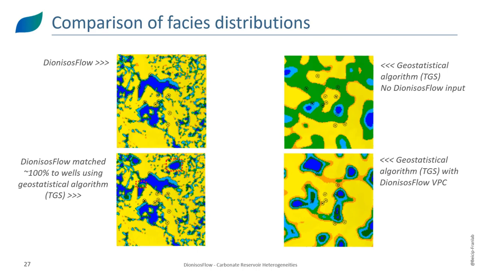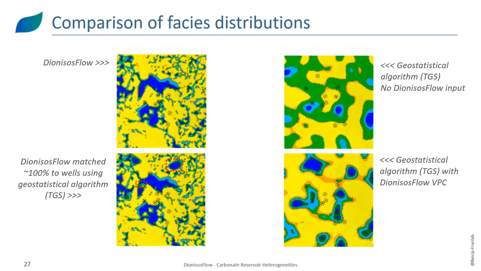Top right, you have a geostatistical simulation matched only to wells without any Dionisos input. And bottom right, you have a geostatistical algorithm matched to wells and with a soft constraint such as the DionisosFlow VPC, coming from the forward stratigraphic model.